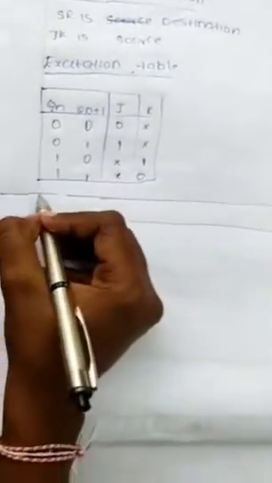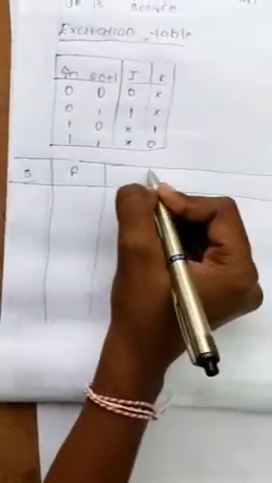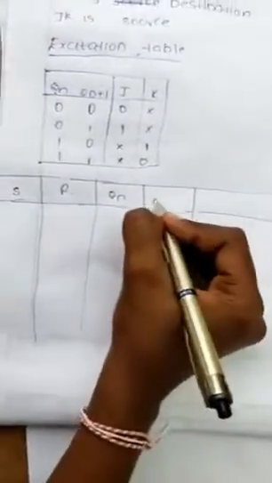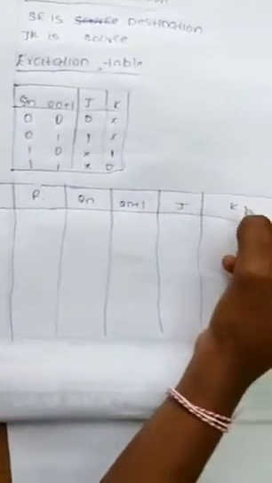That is completed. Now we go for a longer table, which is the combination of the truth table and the excitation table. Here we have S and R, then Q of n, Q of n plus 1, and then J and K. These values we are going to learn.